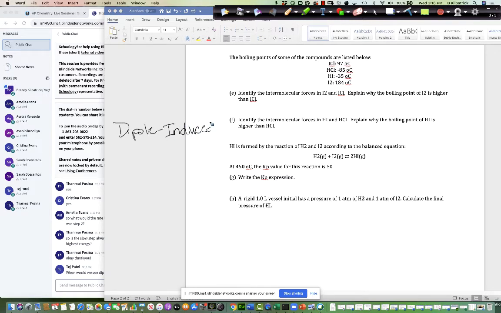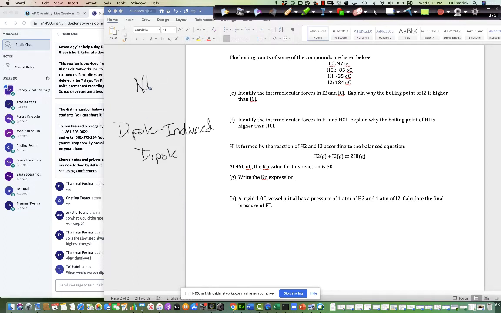So it can't be HCl interacting with another HCl molecule. It can't be HI interacting with another HI. Dipole-induced dipole means that you have a polar molecule and a non-polar molecule, and that would be the reason they're attracted to each other. So it would be like ammonia attracting I2.